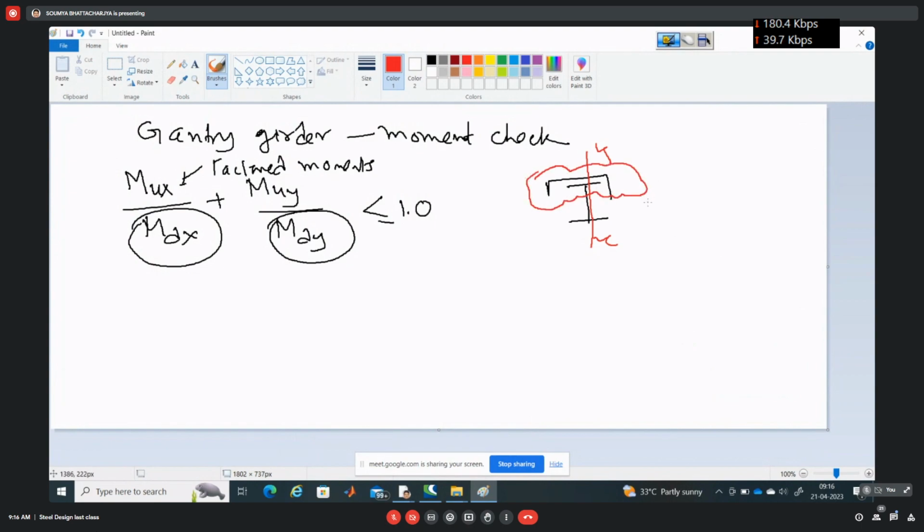This I have explained already. So MDY of this top part only about Y axis is given by the minimum of ZPY Fy by gamma m0 or ZEY 1.2 times Fy by gamma m0.